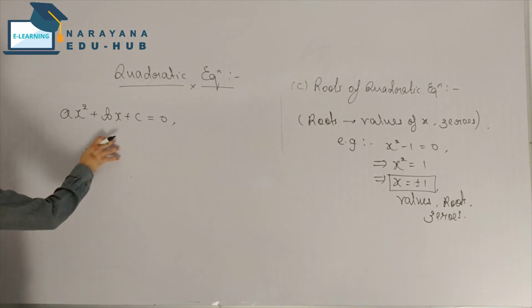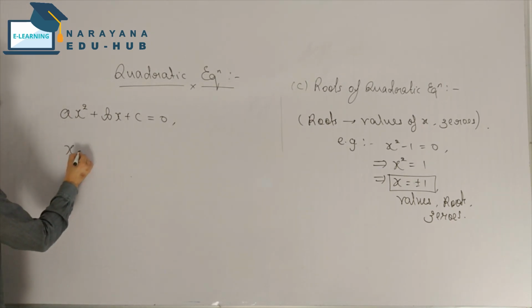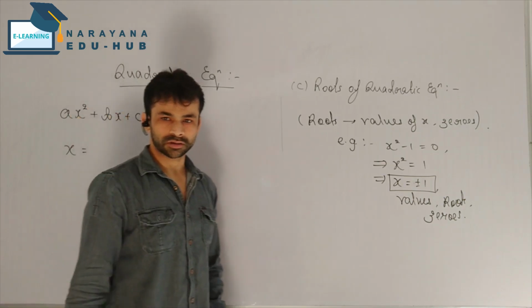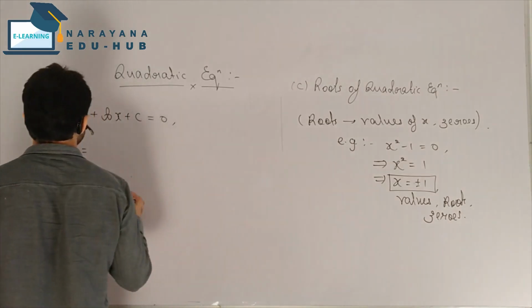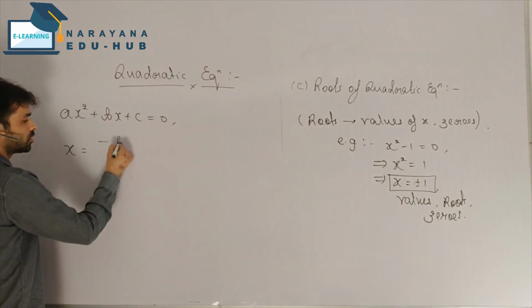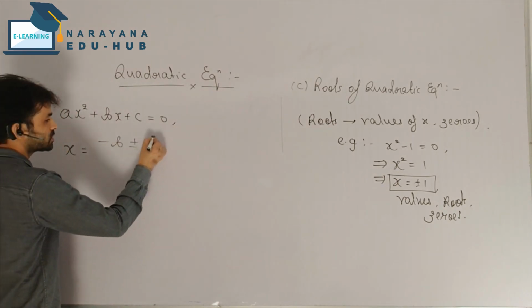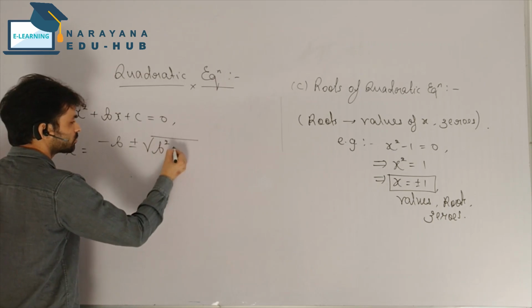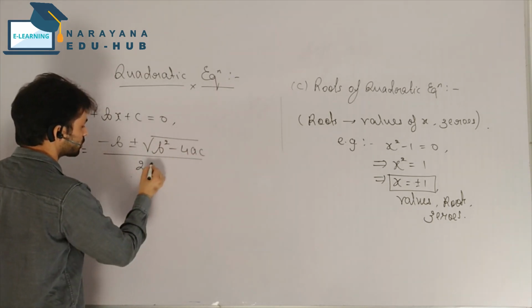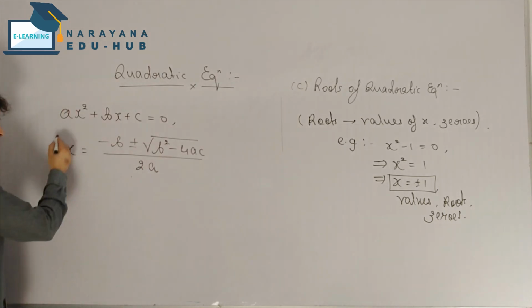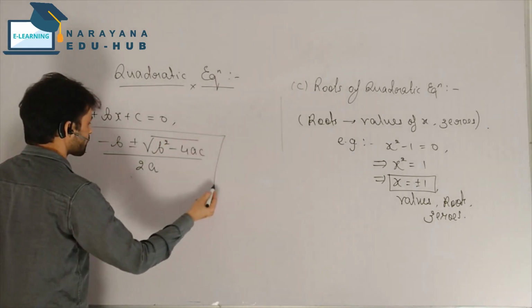Roots means values of x. The values of x will be x equal to minus b plus minus square root of b square minus 4ac, divided by 2a.